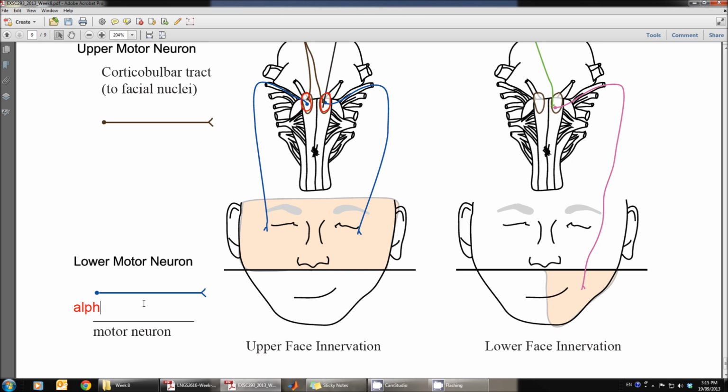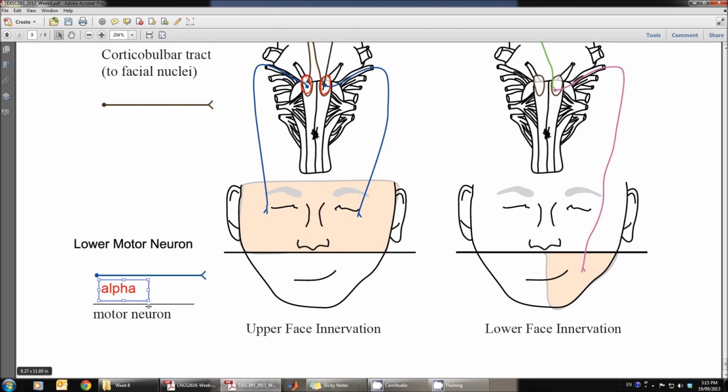So that's our alpha motor neuron that has direct connection to the face muscle of the upper part. And you can write additional information that this is the cranial nerve number 7 nucleus.